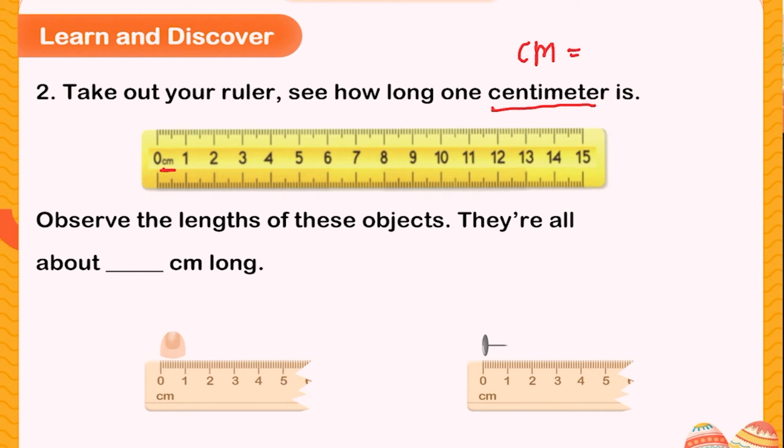You can all have a look at your ruler. Maybe you can see what you're measuring in. Is it cm as well? Is it the same? Is it something a bit different? Okay, have a little look at your ruler. The other thing you'll notice is all the numbers, right? All the numbers on your ruler. And that's our scale. That's going to tell us how we measure things. It's going to tell us where we get to. So that's really, really important.